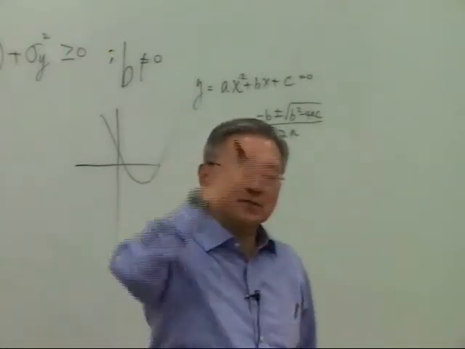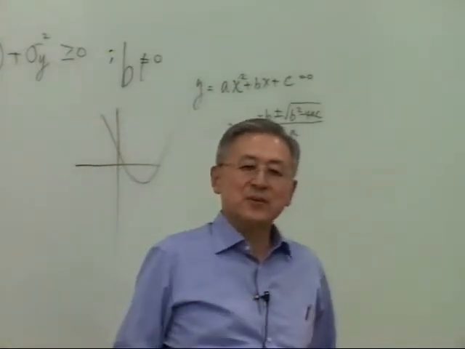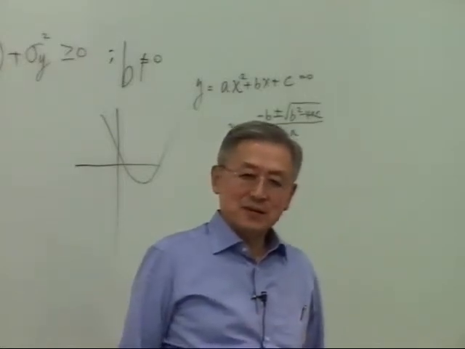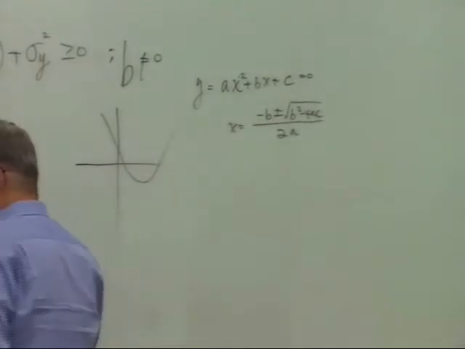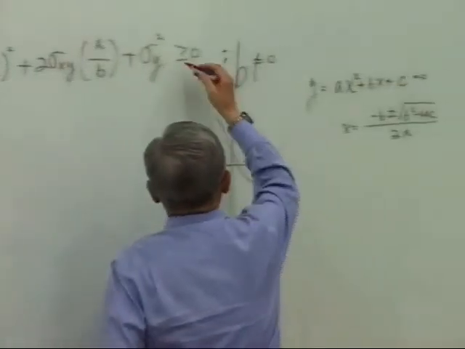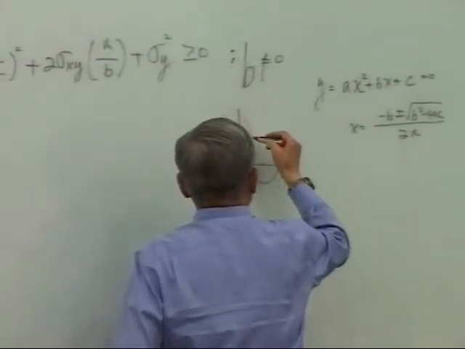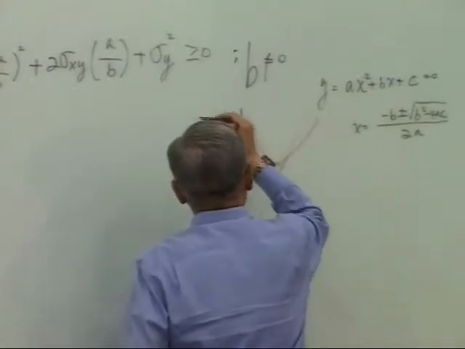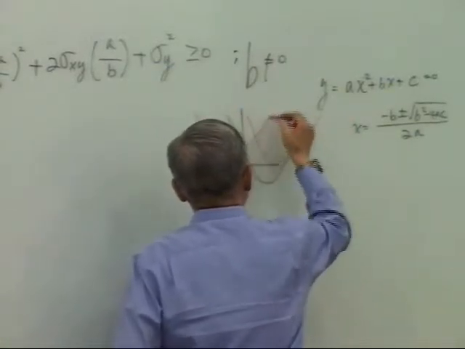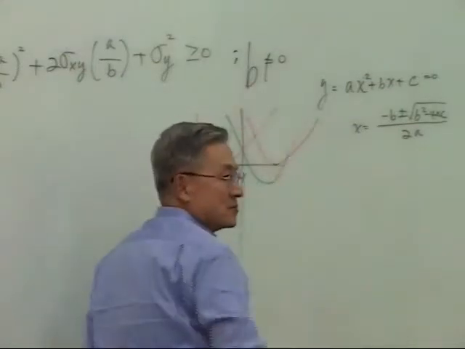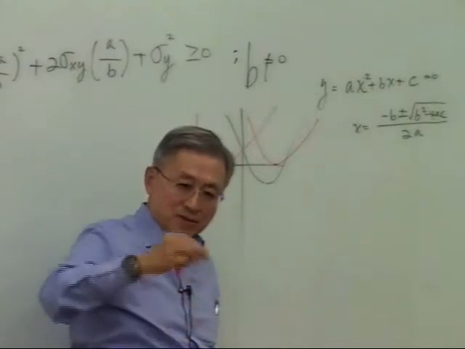Say yes, yes, but it's gone, but we have to bring it back. So that's the root. But in this situation, this being equal to 0 means this cannot go below 0. Minimum it can go would be like this, right? This is the case when the discriminant is equal to 0. Otherwise, it's above.